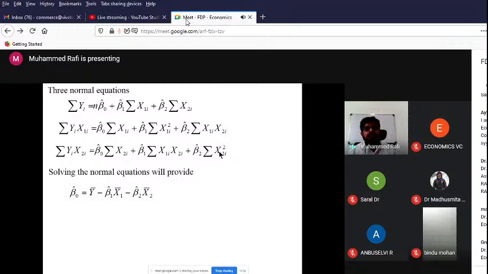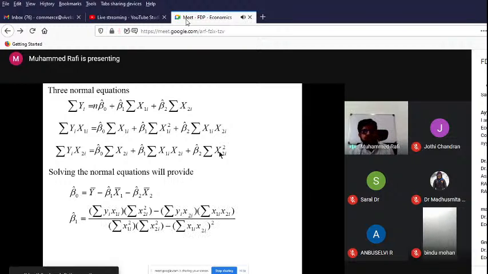Now, beta 0 cap can be found as y bar minus beta 1 cap x1 bar minus beta 2 cap x2 bar, where x1 is the first independent variable. In the same way, you can also find the value of beta 1 cap. For this equation, you need the values of small y, small x1 and small x2 and the squares of those values. Then you can find the value of beta 1 cap.